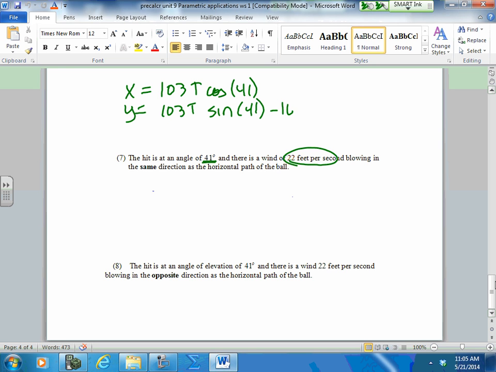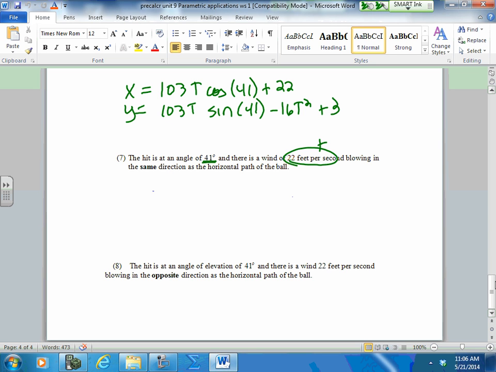We're going to use our parabola. We're going to add our 3 feet because he's going to hit it 3 feet off the ground. He's not going to golf at it. And what does the wind speed affect? The vertical or the horizontal? Horizontal. It's going to push my ball horizontally further. So if the wind is at my back, so to speak, I add my wind speed on my horizontal.